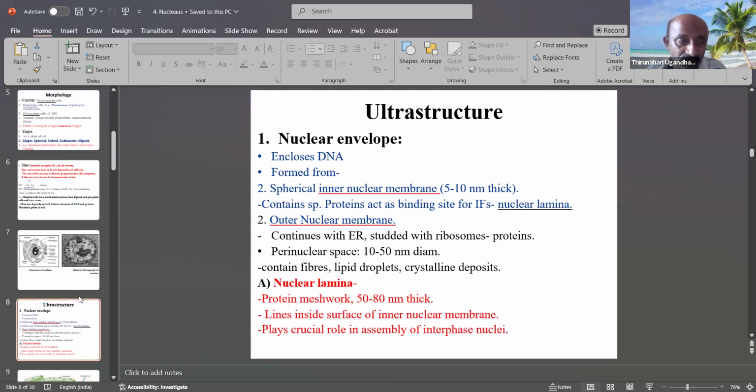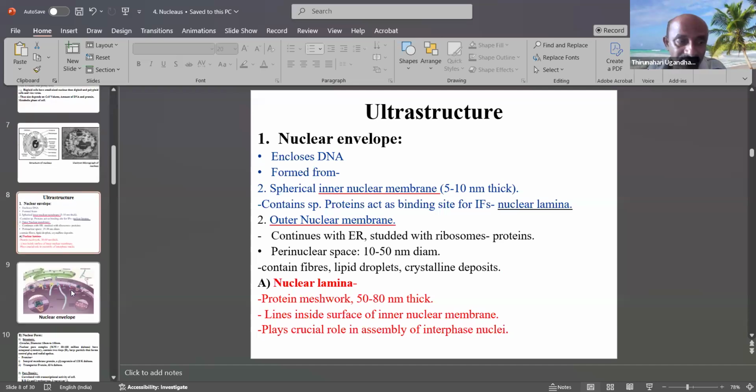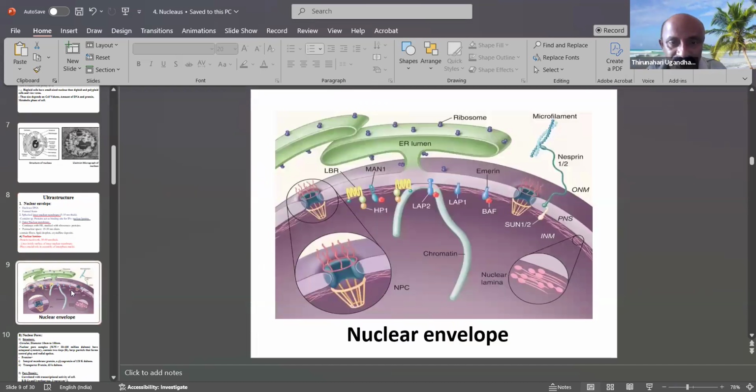So this can be clearly seen in the nuclear membrane, and how many parts the nucleus has. This is the nuclear envelope. Outside, ribosomes are attached, particularly in the endoplasmic reticulum lumen.